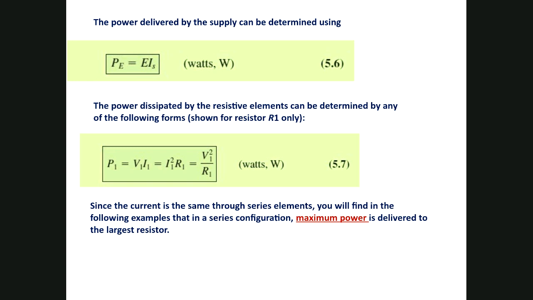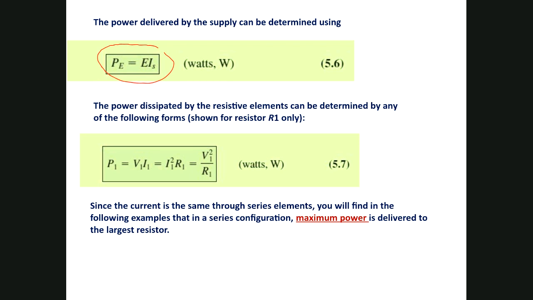As you know, gentlemen, we have 3 formulas. You can apply any one of these, whether for the power supply or for the resistor. But for the source, you can only apply this one, because in the source you will have only E and I. You will not apply R. Whether the source has internal resistance or not, we are not considering it as a load.